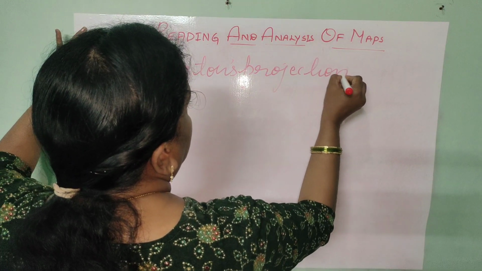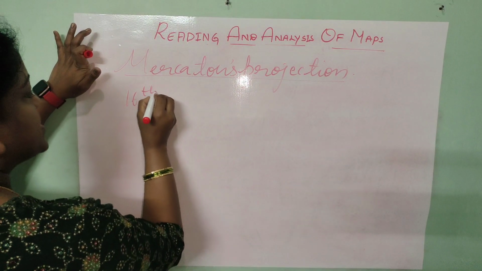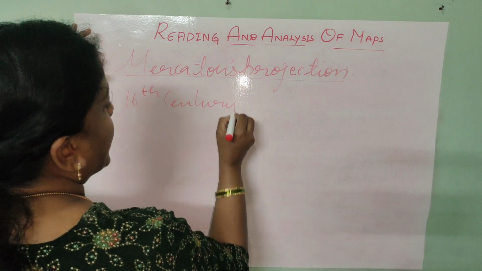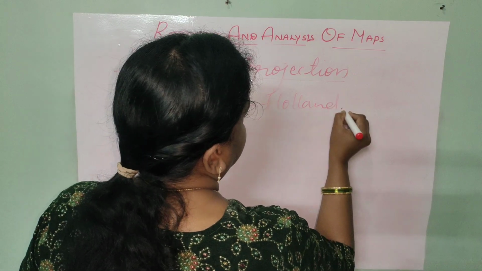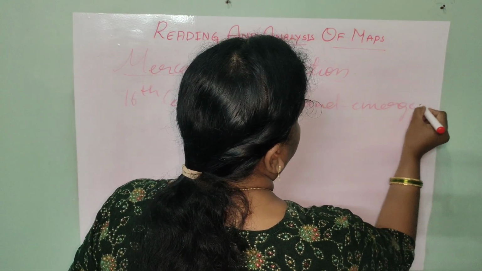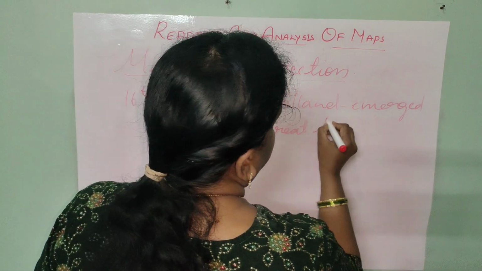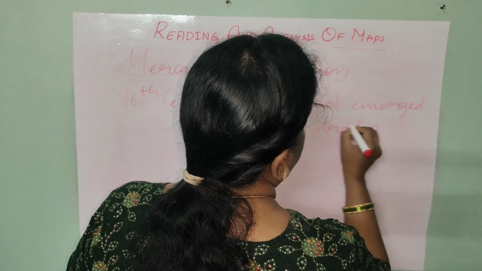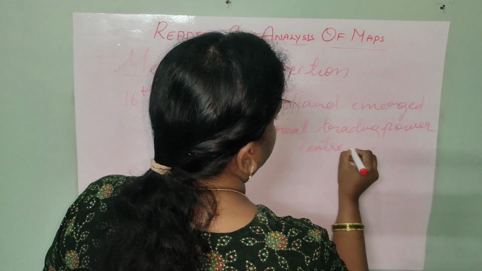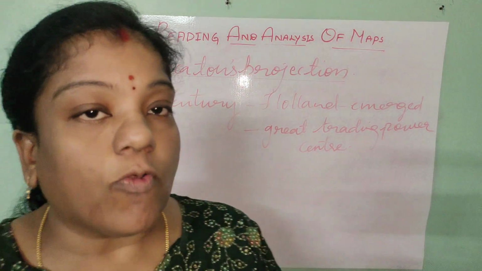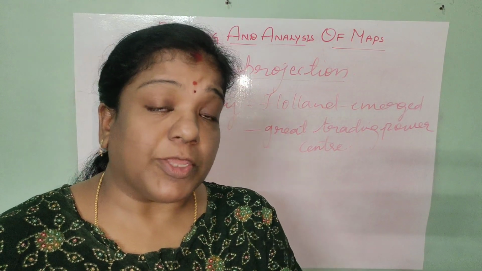So, you know, in the 16th century, Holland emerged as a great trading power center, which made them go with trading concepts like the Romans and like the Europeans.